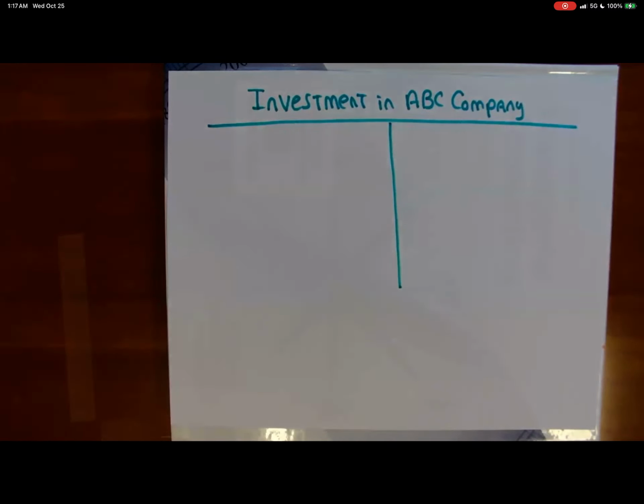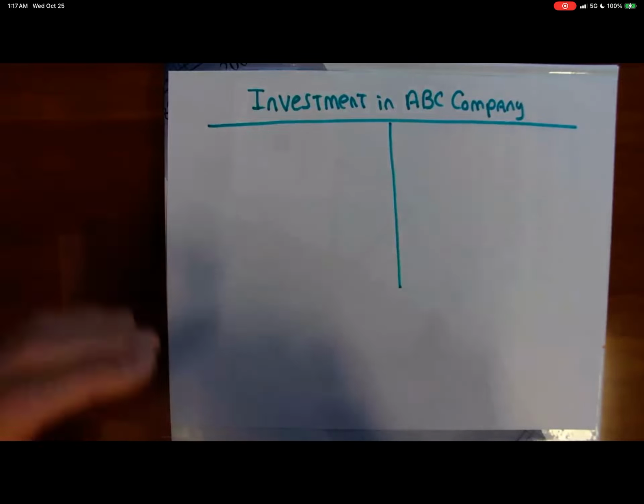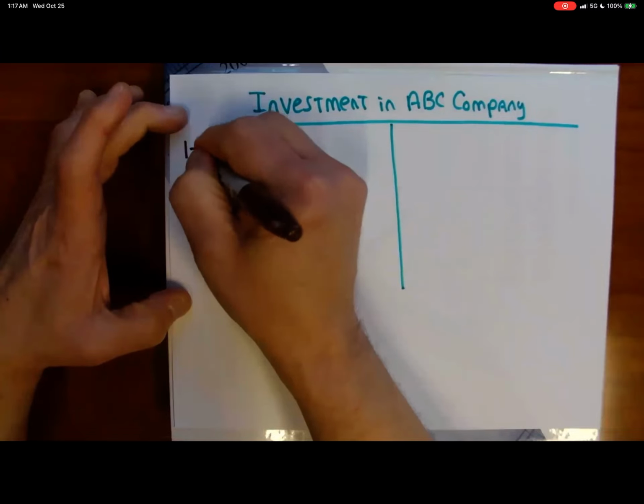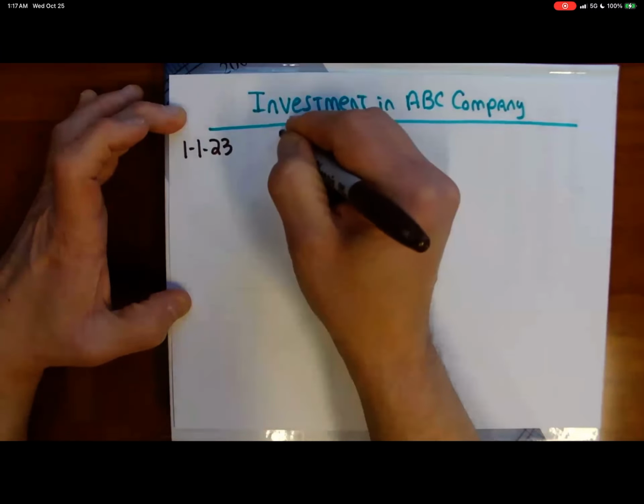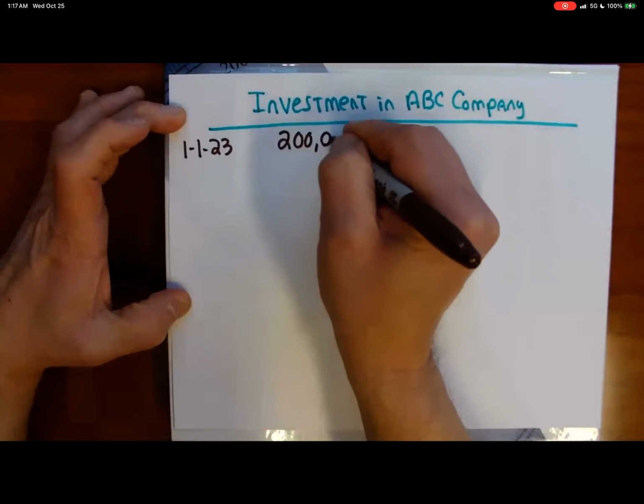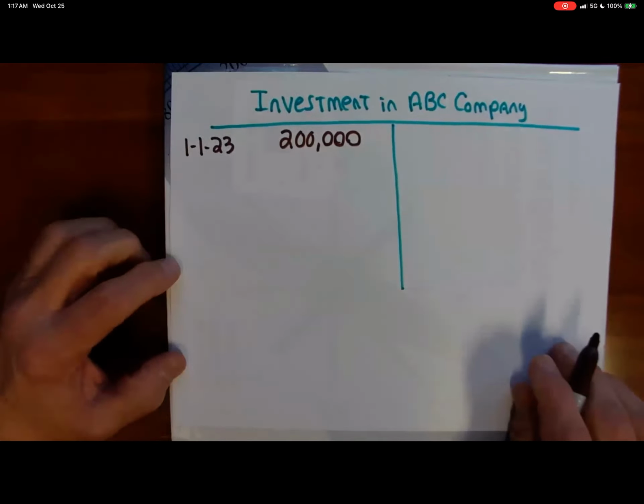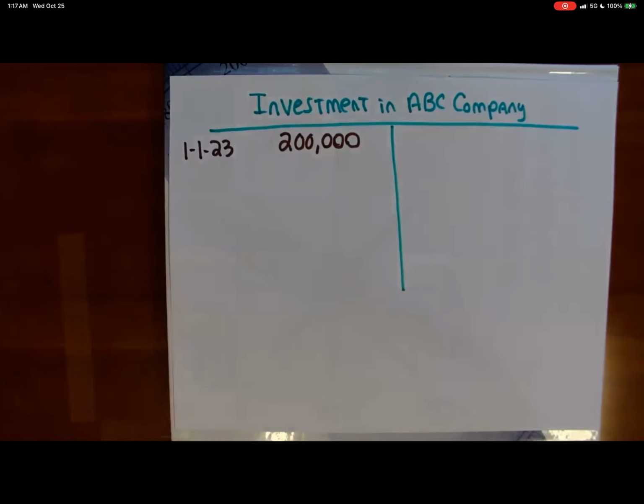And I know at January 1st, 2023, I paid $200,000 to purchase the shares of ABC Company. Can somebody take it from here? What are you going to add? What are you going to subtract to get to our ending balance?